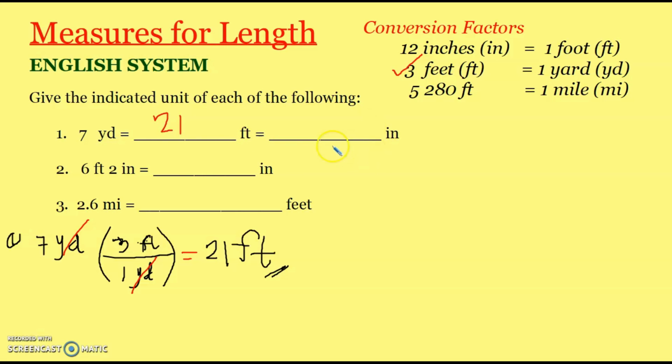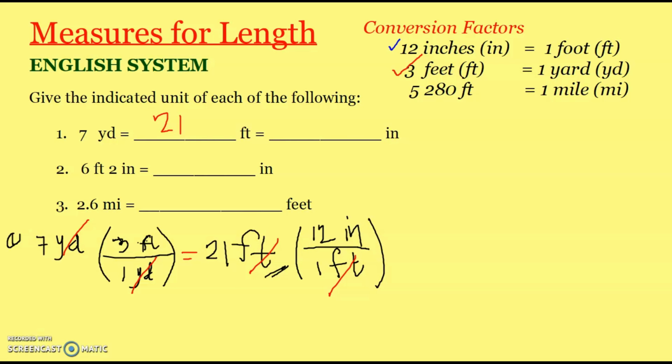Next is to convert it into inches. Since you already have it in feet, you may just simply continue with that and select in our conversion factors the one to use to convert feet into inches. The feet should be canceled out, right? So we write 1 foot on the denominator and the 12 inches on top. So we can cancel feet and then 21 times 12.